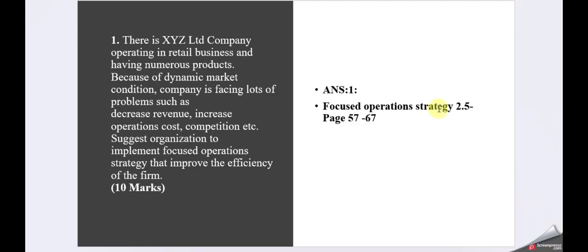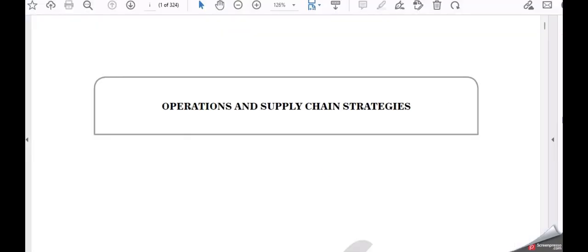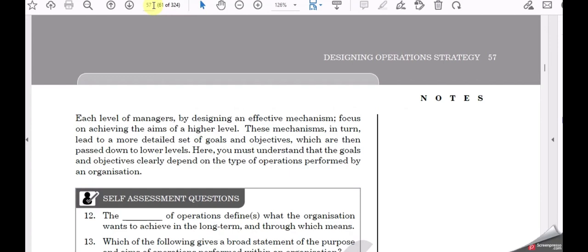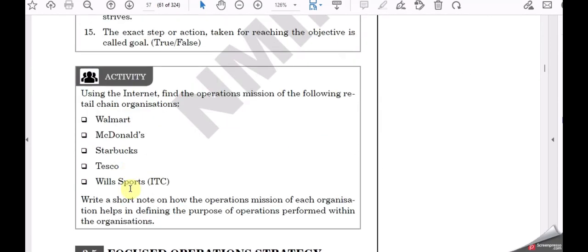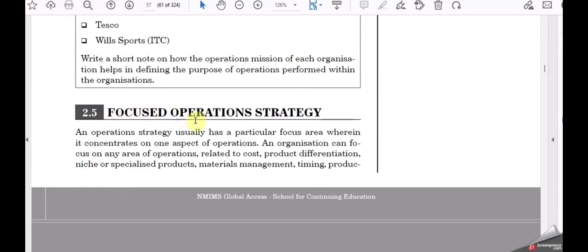Let's see, we can go with the chapter 2 in subheading 2.5 focused operation strategy, page number 57. So, yeah, here we have focused operation strategy.